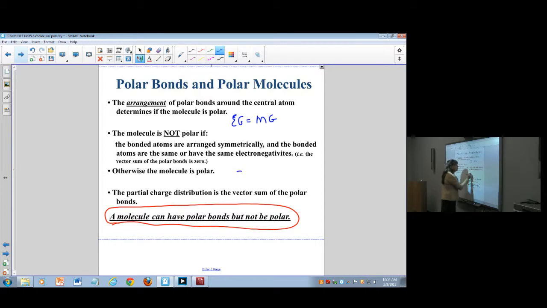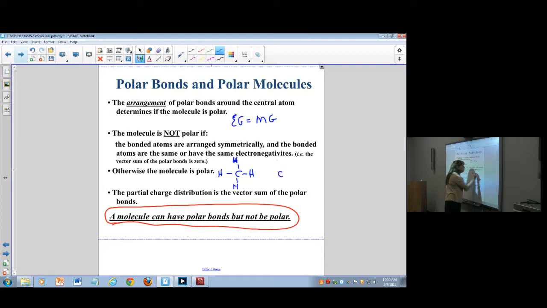So for example, if I draw a simple methane that looks like this, every single bond here is pulling the same amount. It's a tetrahedral. In this particular case, the bonds aren't polar, but no matter whether they are or not, I have the same pull on the electrons on each side, and therefore it's tetrahedral and non-polar.